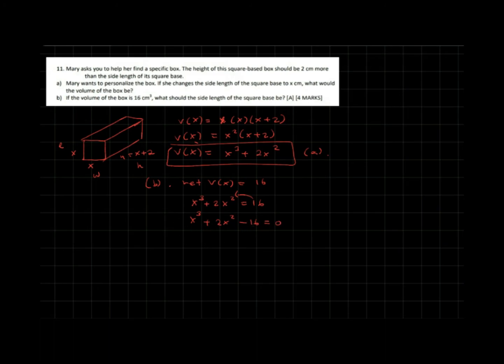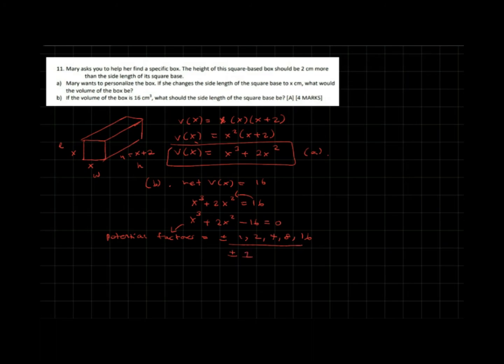And the easiest way to factor this is to use the remainder and factor theorem, right? So I'm going to use the remainder and factor theorem. If I look at potential factors, you're looking at potential factors of the constant, so it's 16. So 1, 2, 4, 8, 16 divided by the factors of the coefficient. So I'm going to test some of these values out.